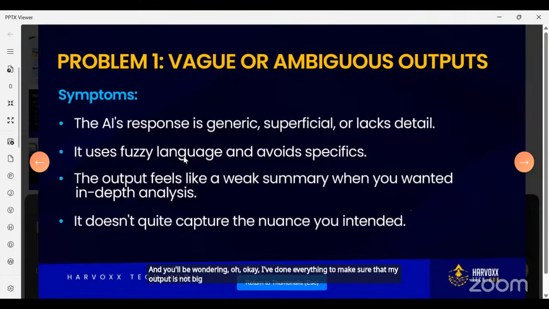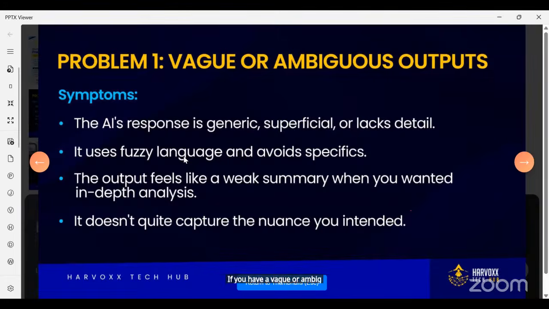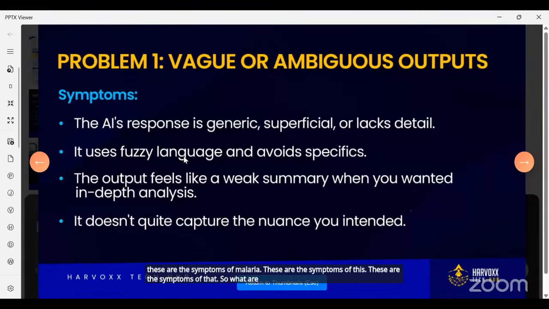And you look at your prompt, you feel like, no, my prompt is not. So what are the symptoms if you have a vague or ambiguous output? What are the symptoms? Just like if you're studying medicine, maybe they say these are the symptoms of malaria, these are the symptoms of this, these are the symptoms of that. So what are the symptoms of a vague or ambiguous output?